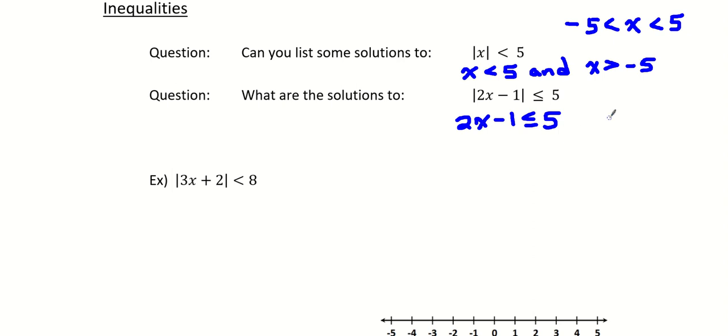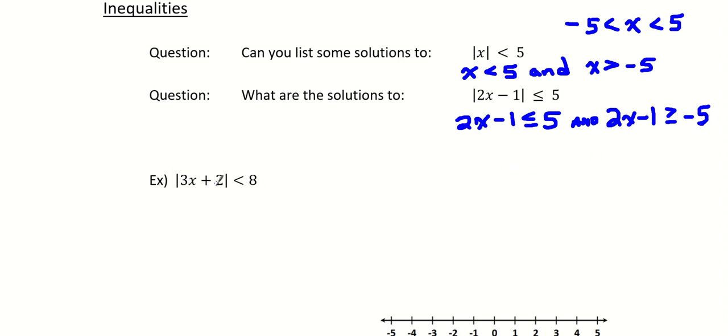And then the other case is going to be 2x minus 1, again, but we're not only going to make the 5 negative, we're also going to make another change in case number 2. We're going to flip the symbol. We're going to flip the inequality to a greater than or equal to. And the word is and. Sorry, it's sloppy handwriting. And then after that, you just solve each one of them and make your graph.